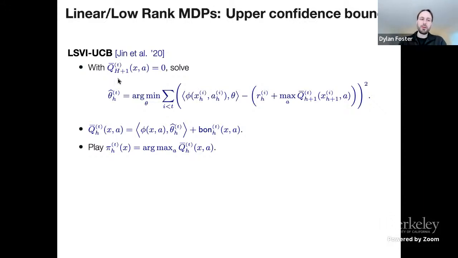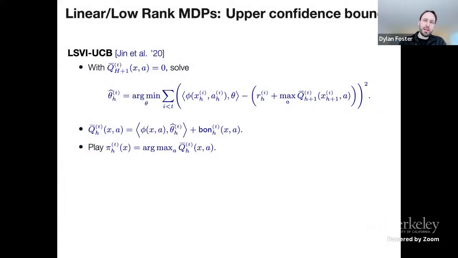First, as before, we set our optimistic Q function Q bar to 0 at step h plus 1. Then I'll describe how we step backwards, assuming we already have Q bar h plus 1 computed. The first step is to solve a least squares problem with all the data we've collected so far: find a parameter theta which minimizes the squared error between the linear function induced by theta and the reward at the current step plus my optimistic Q function Q bar at the next state.